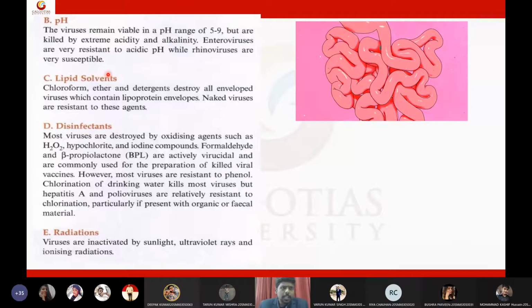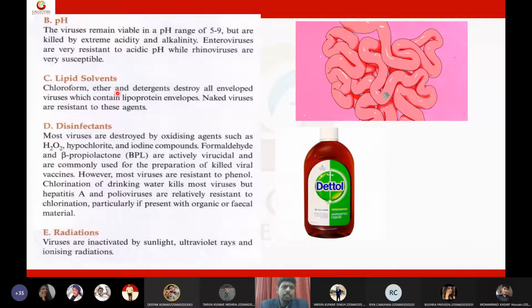Then lipid solvents. For example, if the virus is an enveloped virus, it is very easy to kill enveloped viruses with lipid solvents such as alcohols. With the help of alcohol, we can kill all enveloped viruses, because enveloped viruses have lipids, and lipids are organic solvents, lipid solvents.